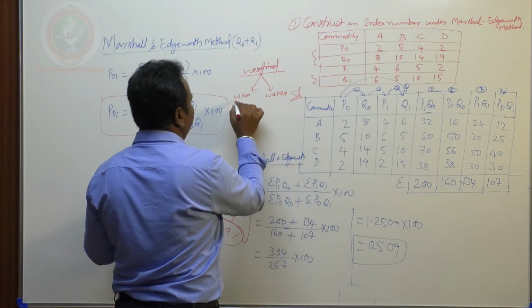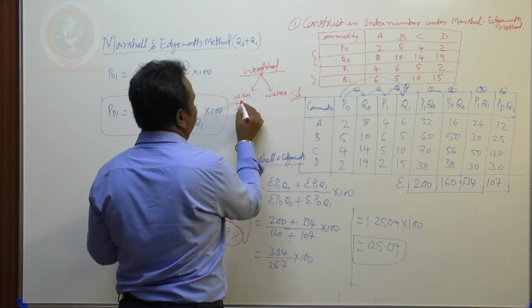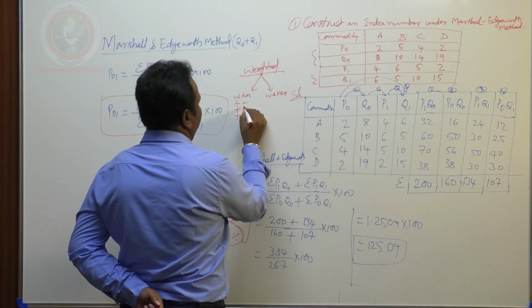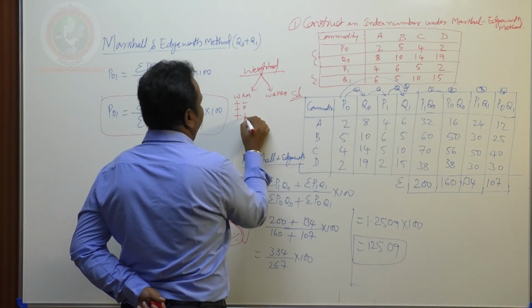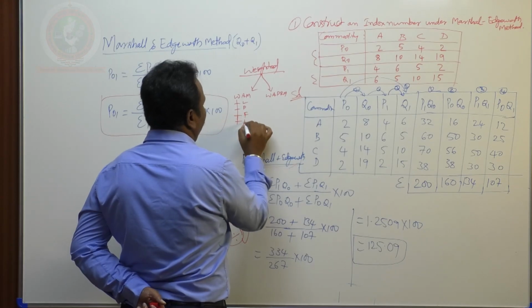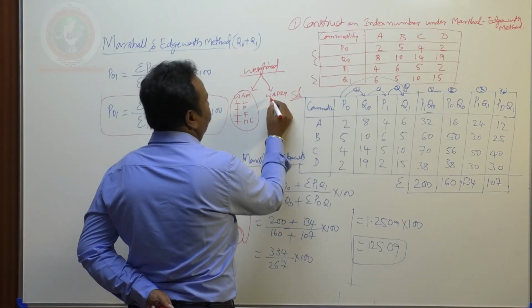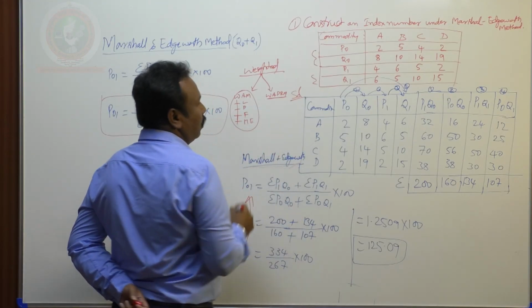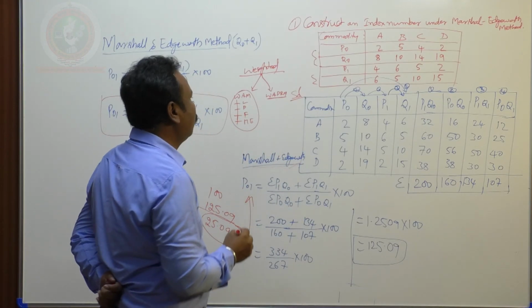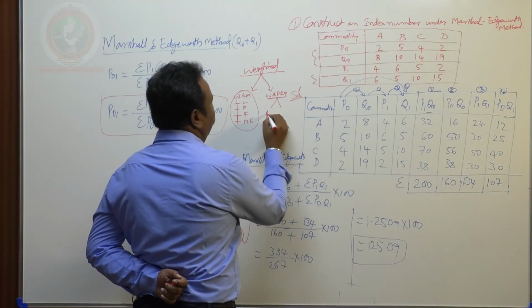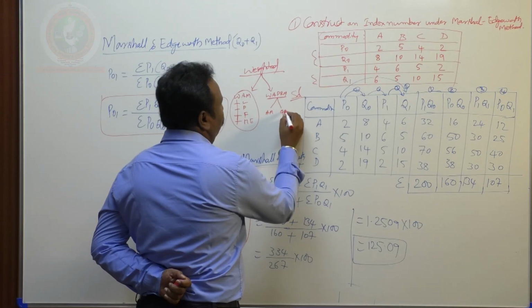So, we learned various methods under the weighted aggregative method: Laspeyres method, Paasche's method, Fisher index method, and also the Marshall and Edwards method. Now, the other method is called the weighted average price relatives method. Under this, only two methods are there: the arithmetic mean method and the geometric mean method.